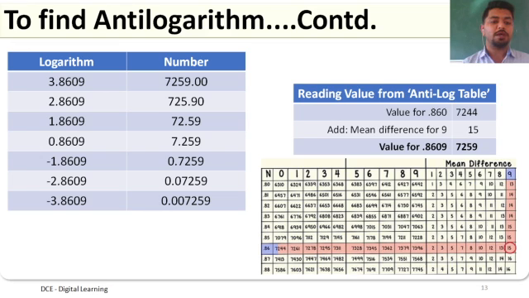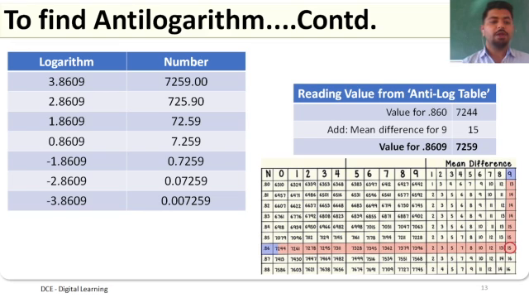Similarly, in the second example, 2.8609, here the numerical value is 2 and it is positive. To this 2 add 1. So the number of integral digits will be 3 and the final result will be 725.9.